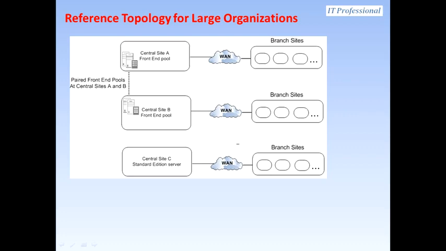Each of these two front-end pools has 6 servers, which is enough, for example, for all the 40,000 users in both pools in case of failover. We have also central site C, which will run Standard Edition server. We will see that in detail later.